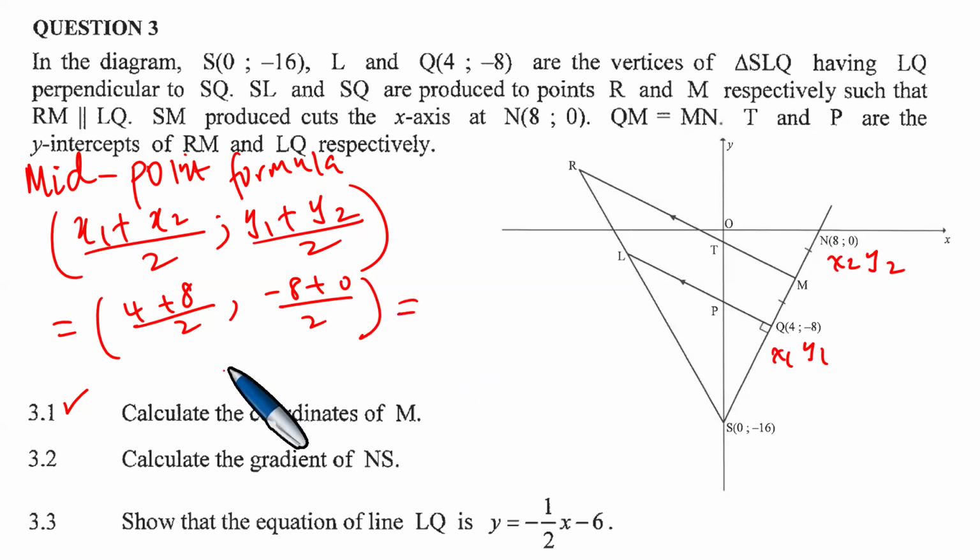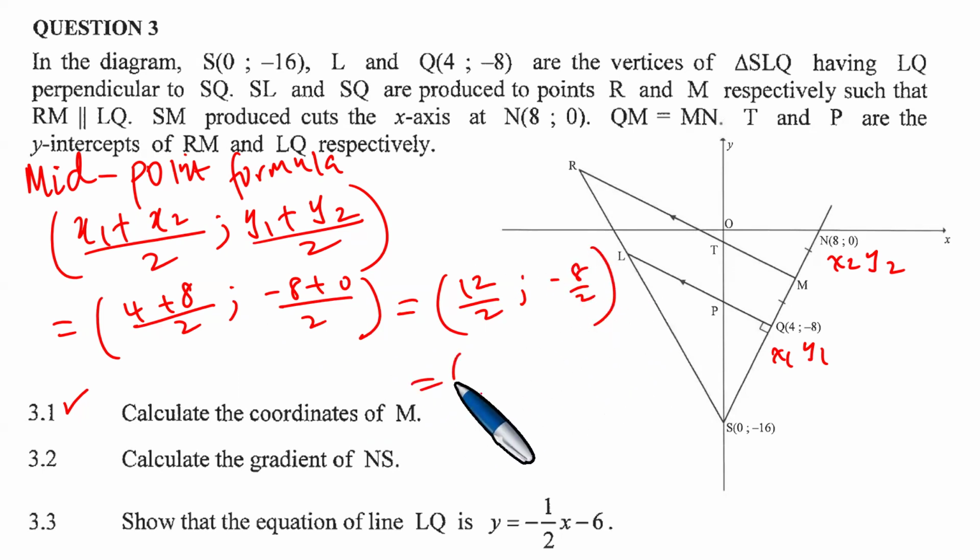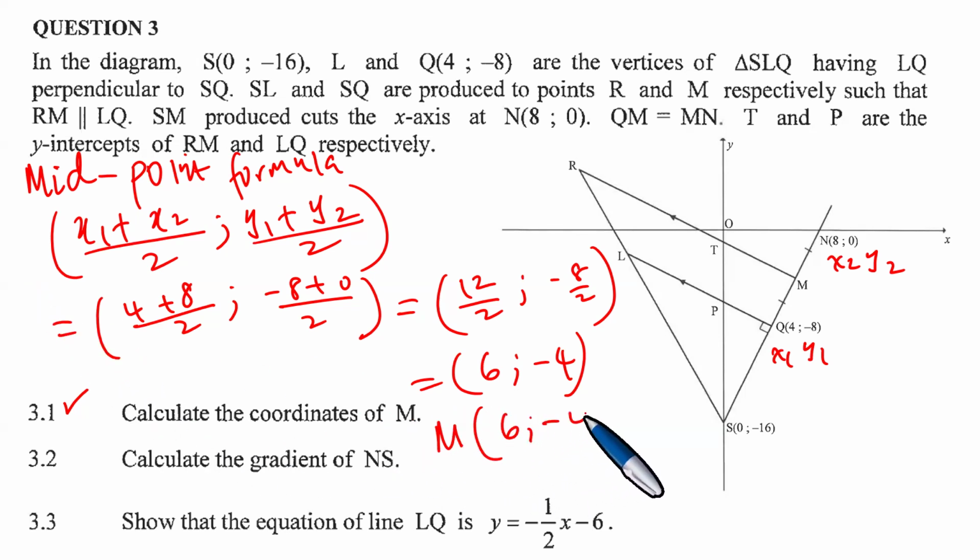Simplifying, 4 plus 8 is 12 out of 2, which is 6, and minus 8 out of 2 is minus 4. Therefore M has the coordinates (6, -4).